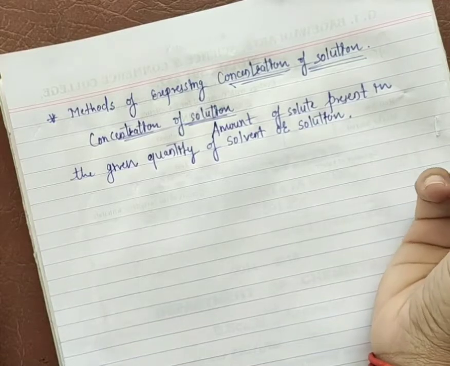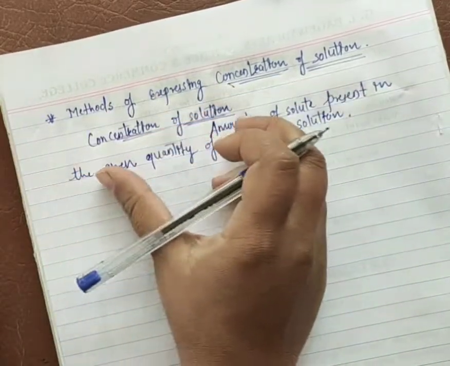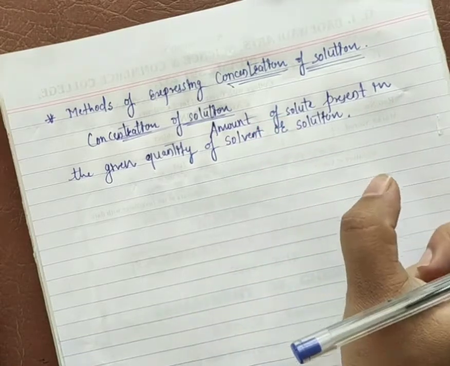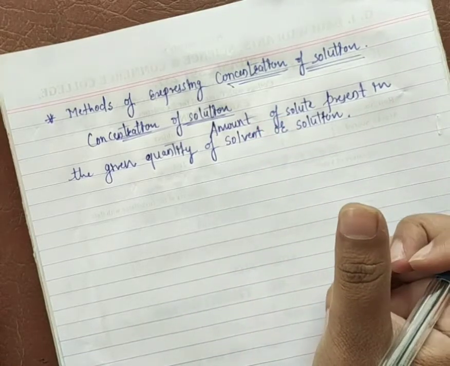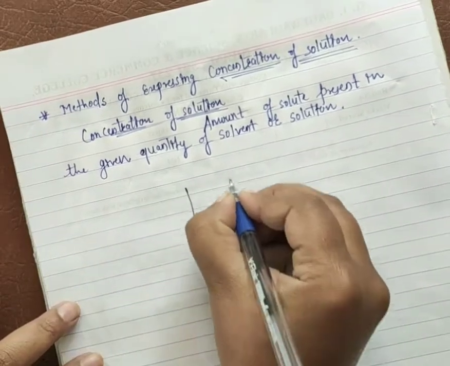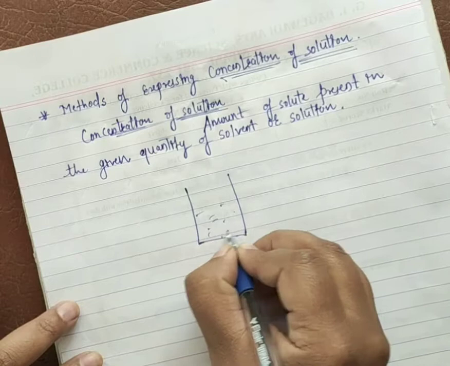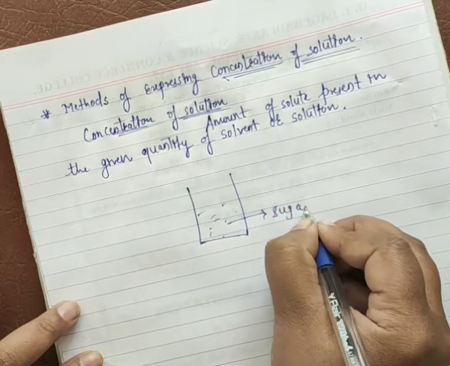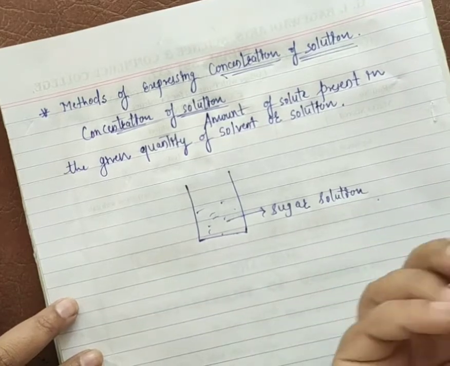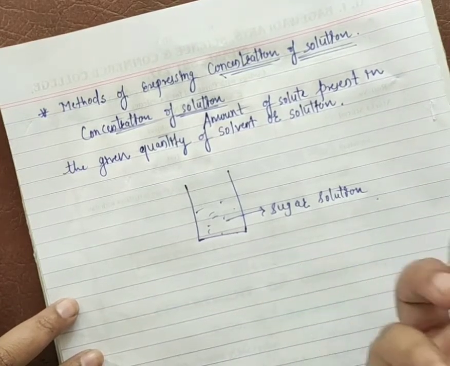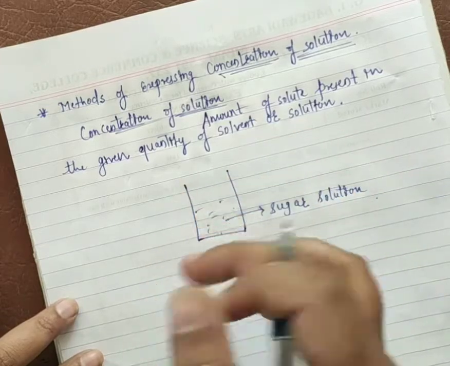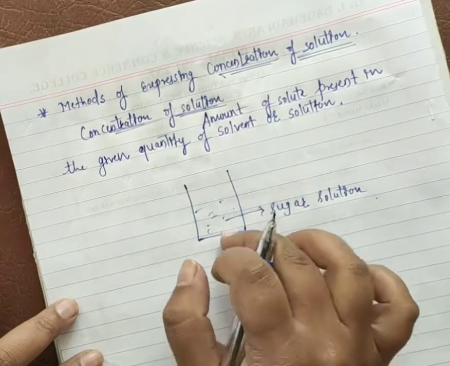So what is the meaning of concentration of solution? How much amount of solute is present in a given quantity of solution? Suppose you make a sugar solution. To prepare the sugar solution, you have to know how much amount of solute will be present in that solution.